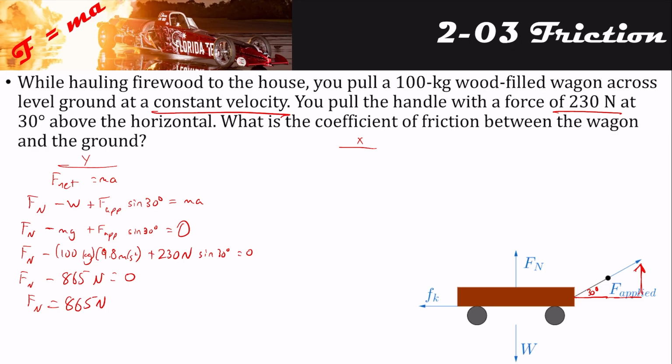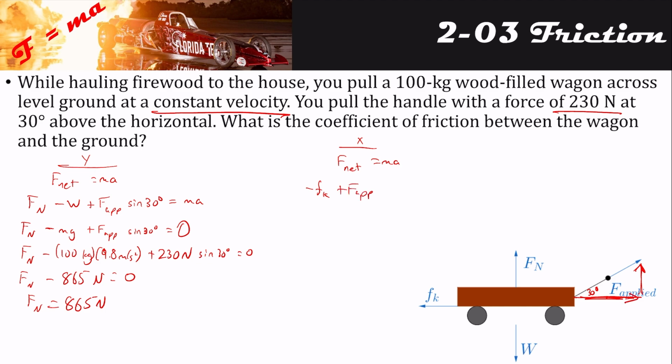All right, let's now work in the x. Net force equals mass times acceleration. In the x, I have friction going backwards, and I have the x component of the applied force going right.